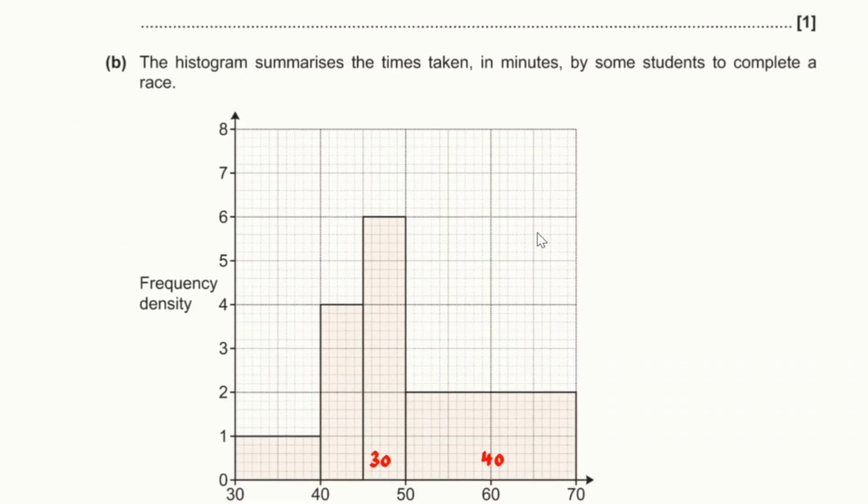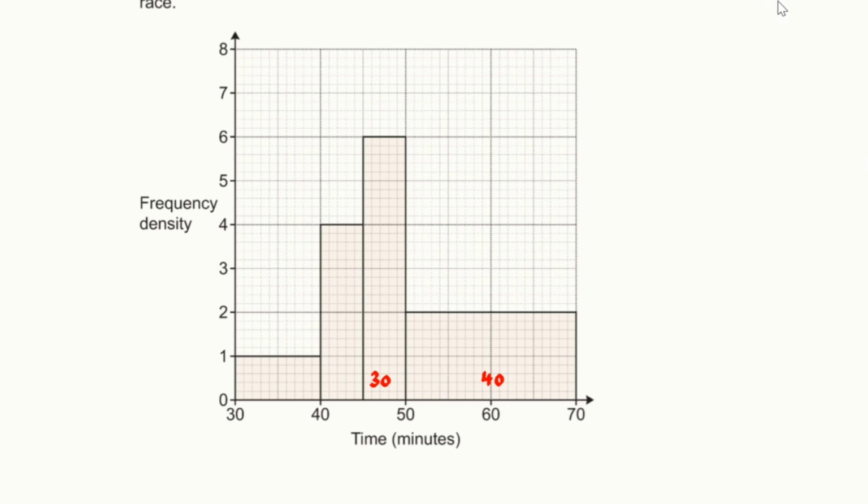So if we go back to the histogram, what we need are the midpoints and the associated frequencies. If I find out the frequency here, we've got 10 multiplied by 1, which is 10. Here we've got 5 times by 4, which is 20. So we've got all the frequencies.